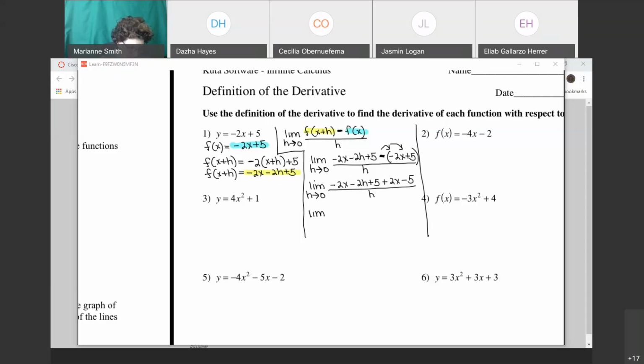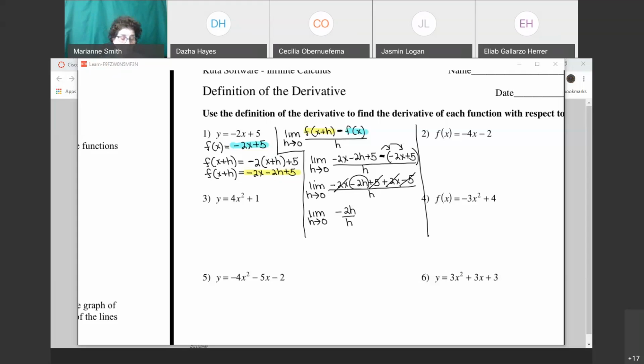And now I can get rid of like terms. I've got a negative 5 here and a positive 5 there. I've got a negative 2x and a positive 2x. So all I'm left with is negative 2h over h. Everybody all right with the algebra?